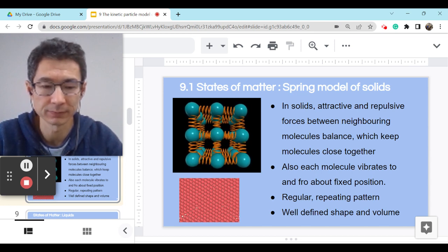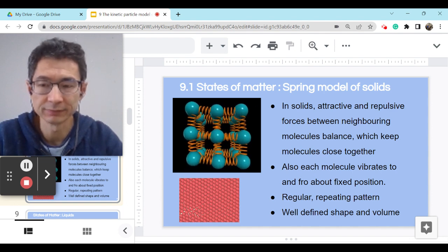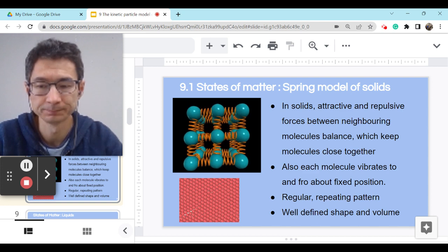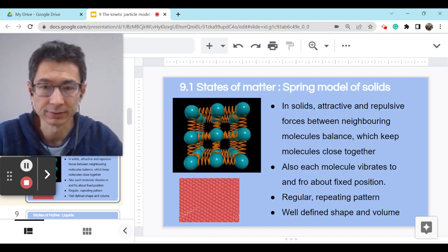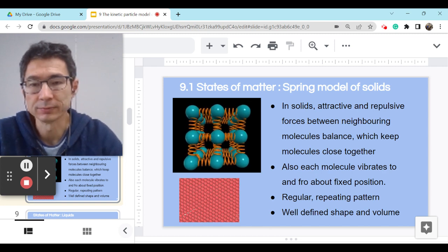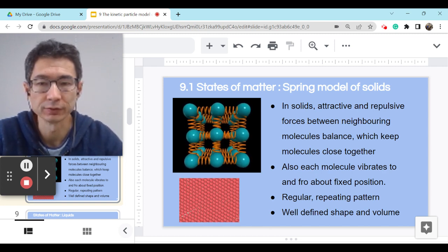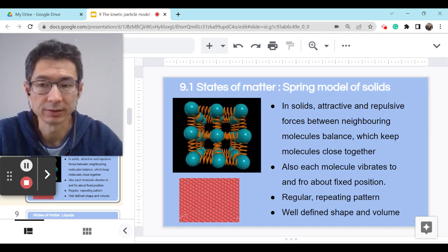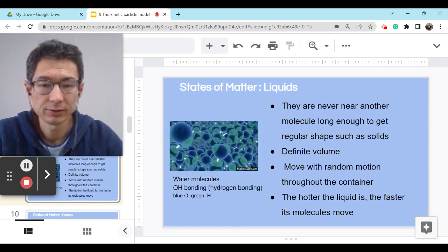They have a definite shape and volume, clear and very specific. So this is the explanation of solids according to the KPM, kinetic particle model.